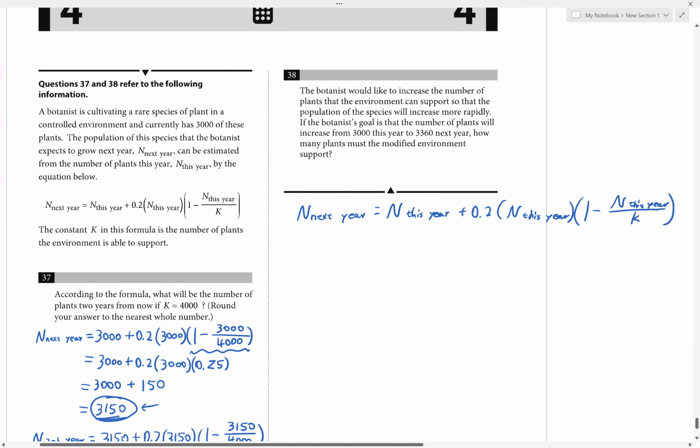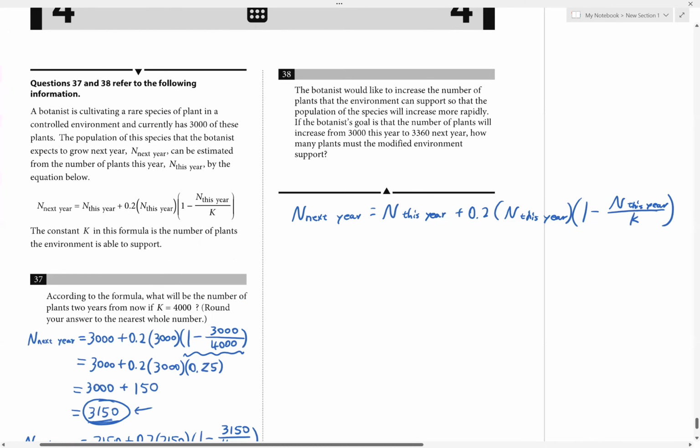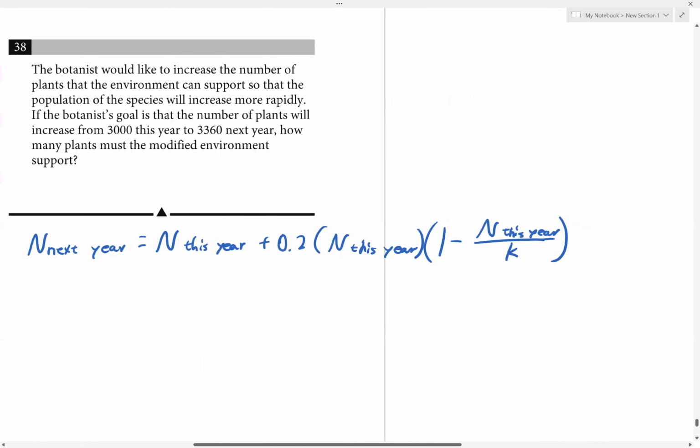All right. So let's go back here to the question. Let's see what they told us. They told us their goal is to increase from 3,000 to 3,360 next year, and the question is how many plants must the modified environment support?